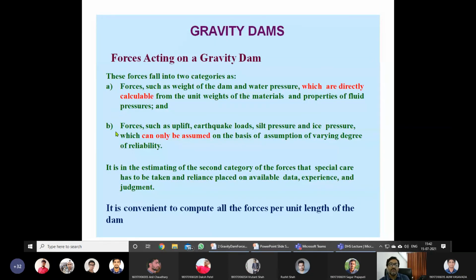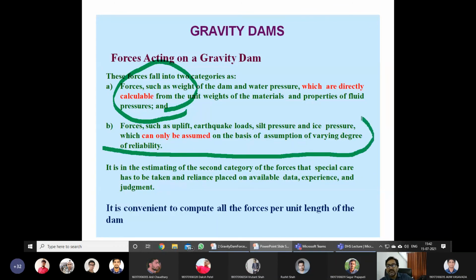So calculation of these forces is okay. But the expertise required in the calculation of the other forces is like this: this is an ambiguous area while designing dams, gravity dams particularly. So what is the statement?